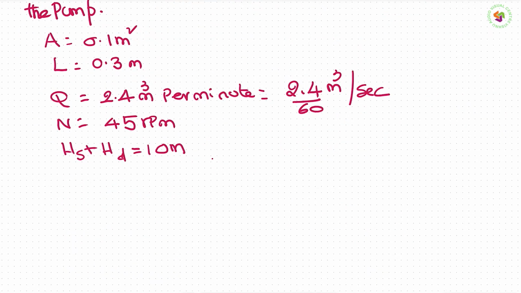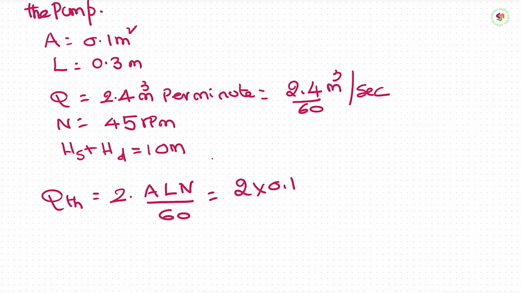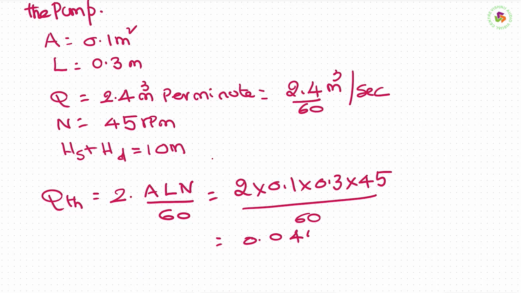I want slip. Whatever I want, first I need to find out theoretical discharge. Theoretical discharge for a double acting reciprocating pump is 2ALN by 60. Otherwise, single acting is ALN by 60. For double acting, it is 2ALN by 60. So 2 into A is 0.1 and L is 0.3 into 45 divided by 60. If I calculate it, I got 0.045 meter cube per second.